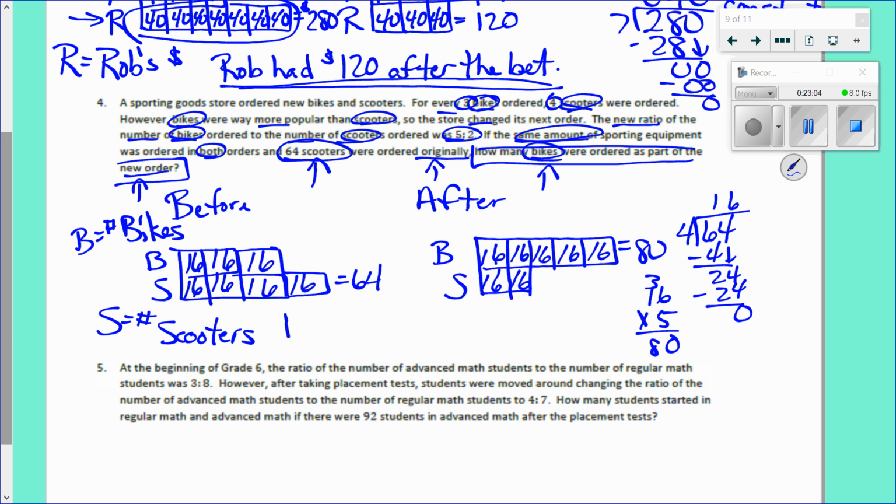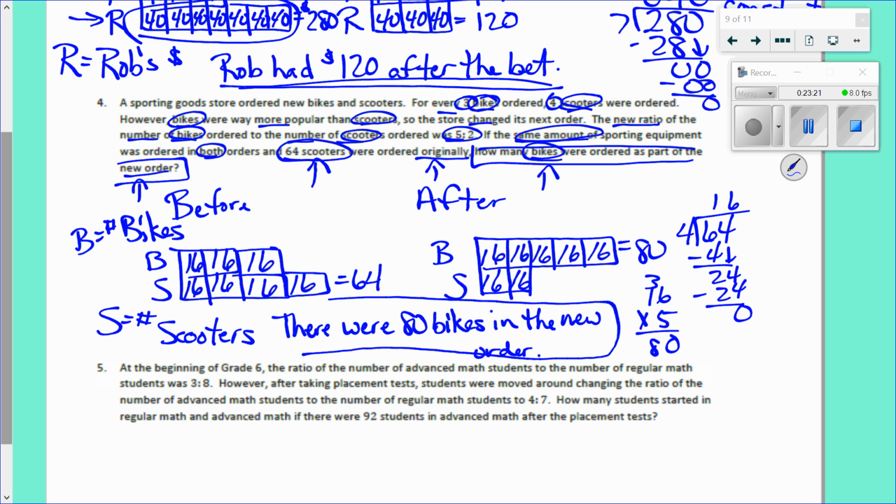So there were 80 bikes in the new order. There's our answer.